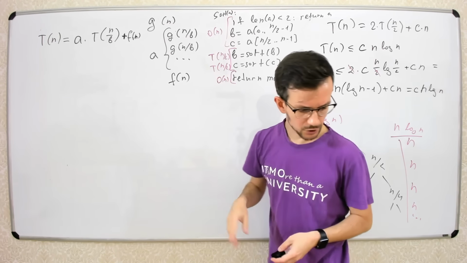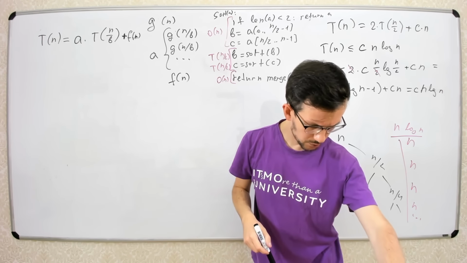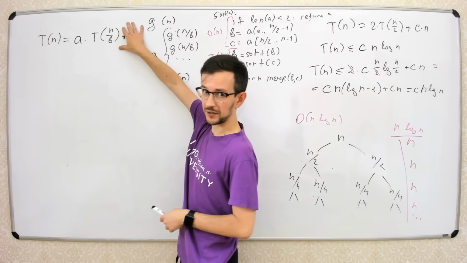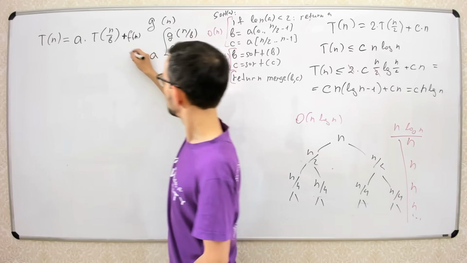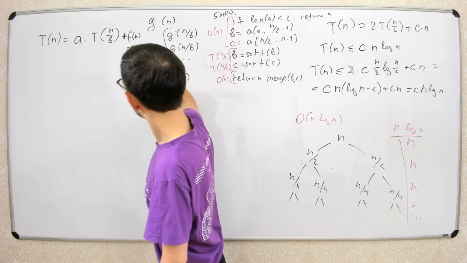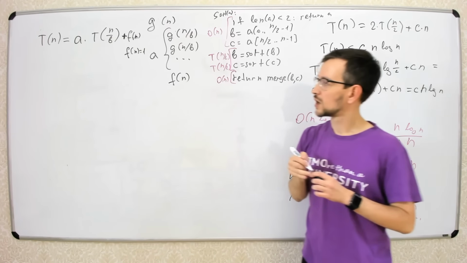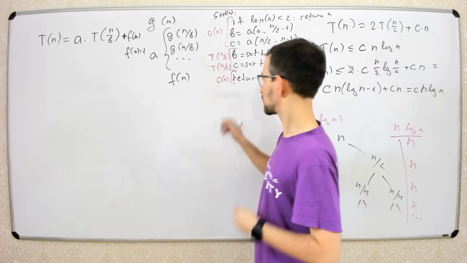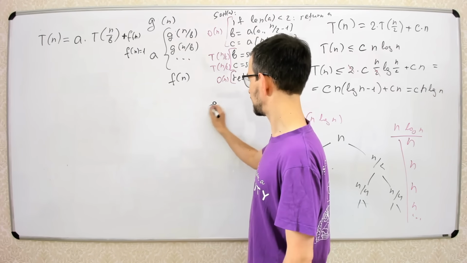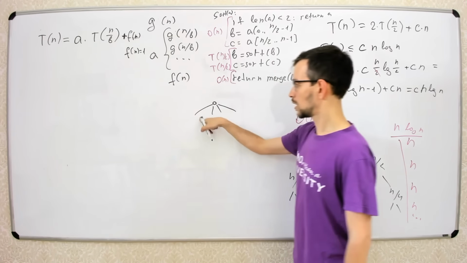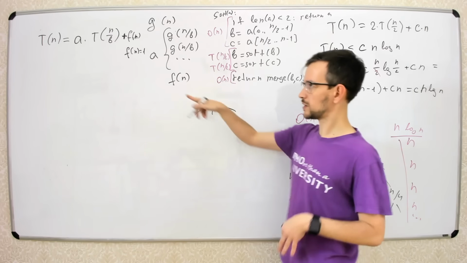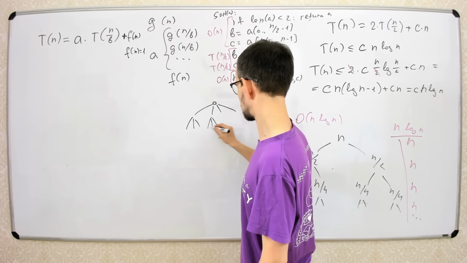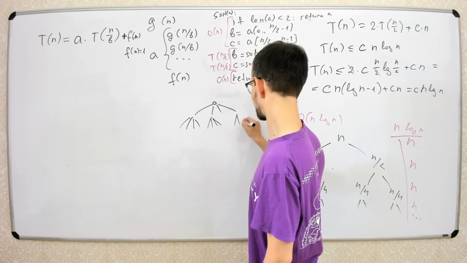Let's start from the simple cases. So if you remove this f of n, so if you say f of n equals 1, what will be the time complexity? Again, what will happen? You have some tree which has branch factor equal to a.